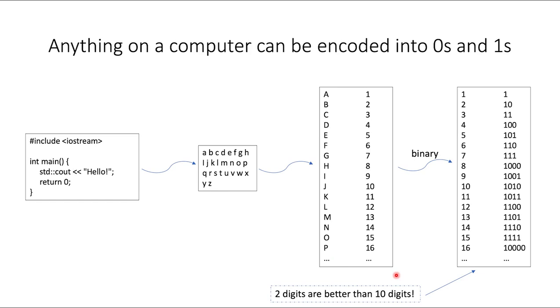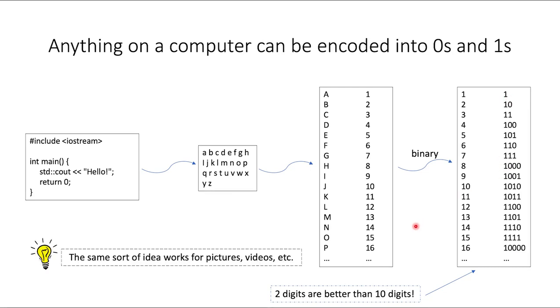And right, I mean, the whole point is that 2 digits are now better than 10 digits because the computers that we work with, the way we build them, they just have 2 states, a high voltage and a low voltage, an on and an off. So this kind of encoding scheme is much more useful for us. And the same sort of idea works for pictures and videos, etc. Right? So I've told you how to kind of encode text, well, roughly, in terms of binary numbers.